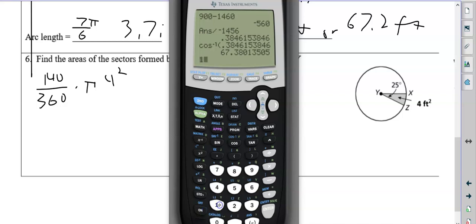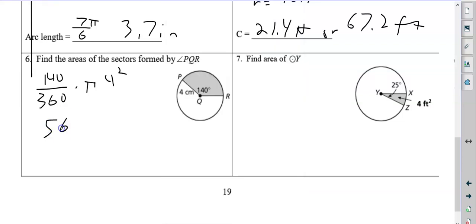Okay, so 16 times 140 divided by 360, and then math fraction: 56 over 9. So it does it for you. 56 over 9 pi, or about 19.5 centimeters squared.